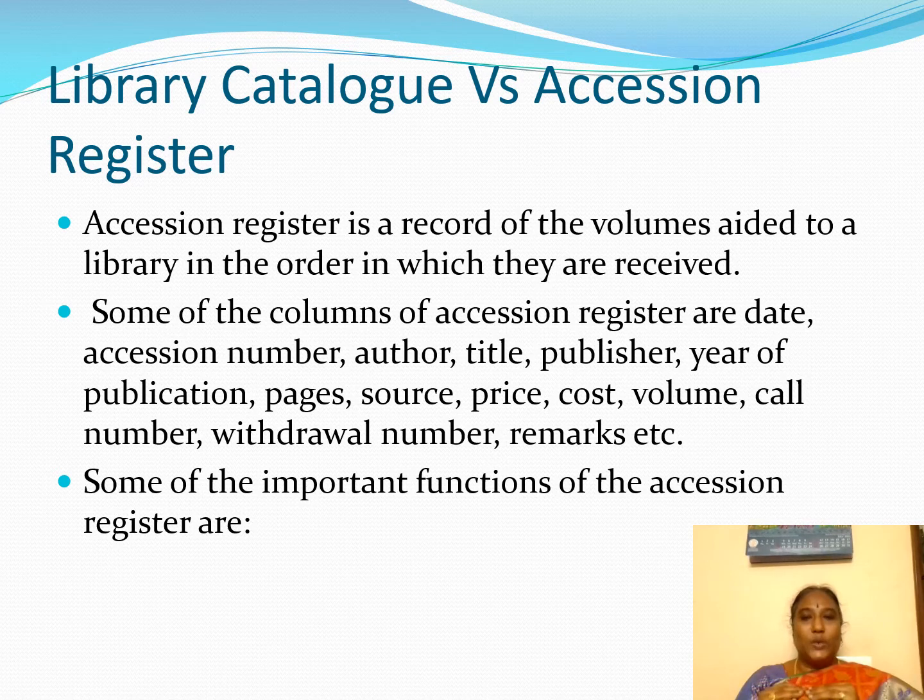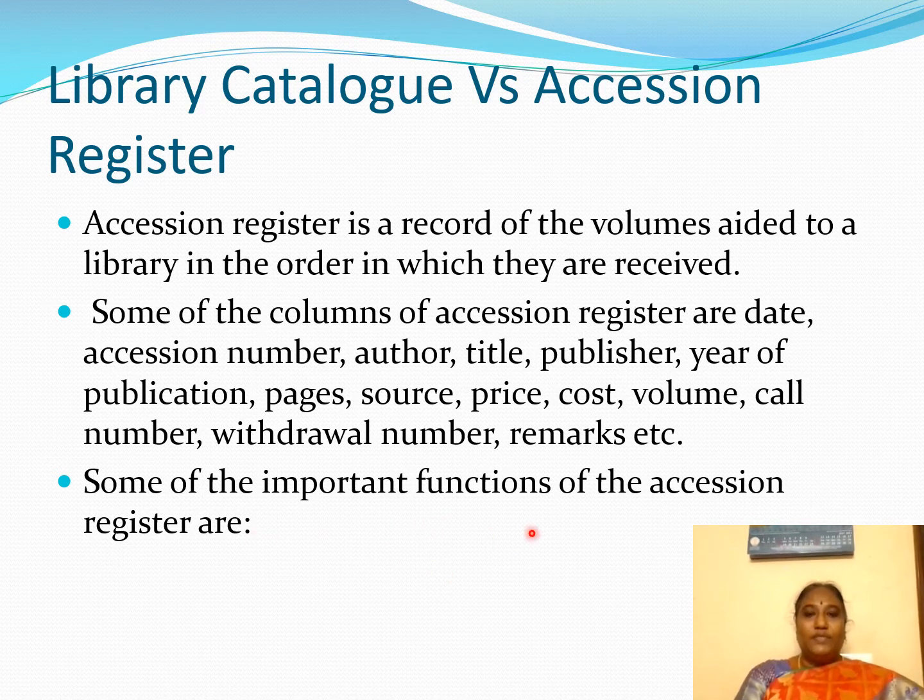Some of the important columns are date, accession number, author, title, publisher, year of publication, pages, sources, price, cost and volume, call number, withdrawal number and remarks, etc. The important columns the librarian has to produce in the accession register are these. Date, accession number, author, and so on are known as the bibliographical details of a book.